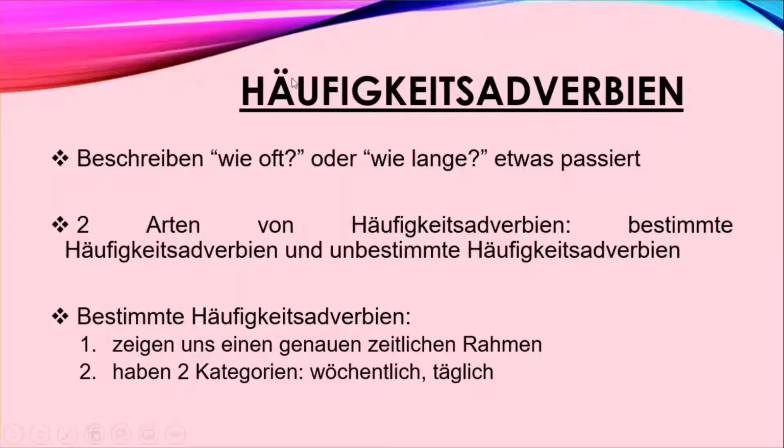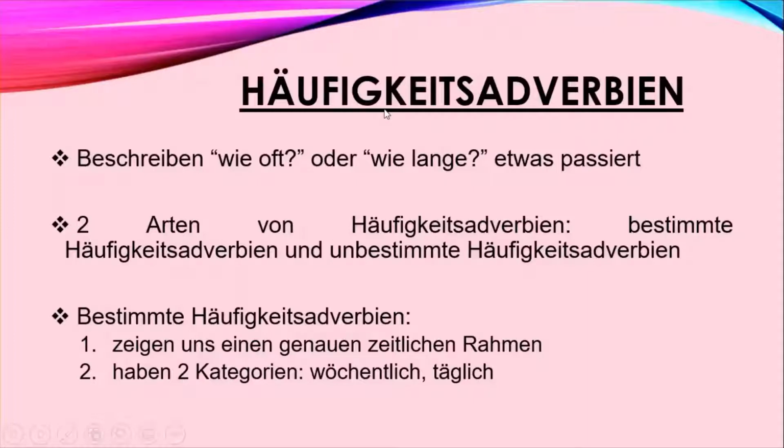The new word that you have come across in this tutorial is die Häufigkeit. So this is a noun, and note that most nouns ending with keit will have the article die, showing that they are feminine nouns.